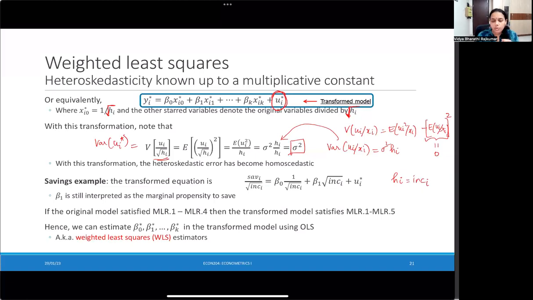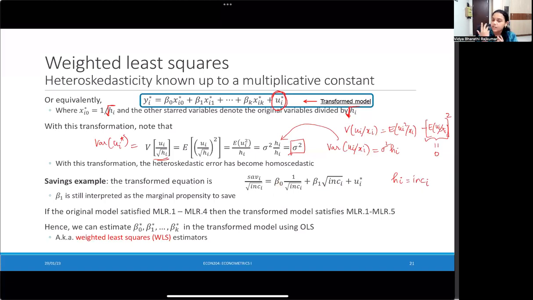Now, though we're getting around this problem by running a transformed model, the coefficients that you get from the transformed model should be interpreted with the original model in mind. What do I mean by that? Beta naught and beta 1, I'm getting the coefficients from the transformed model, but beta 1 in the original model was actually giving me what?